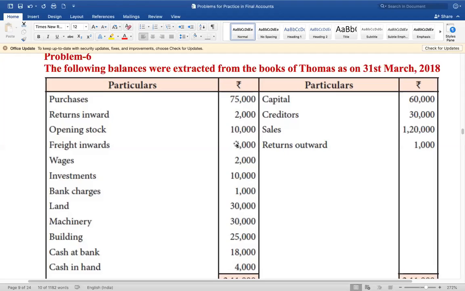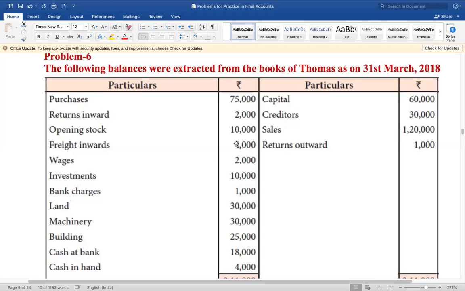As we read the balances one by one, just put A if it is asset and L if it is liability against that particular item, put I if it is income, put E if it is expense. We'll go this way so that we don't miss anything and it is easy to go ahead.